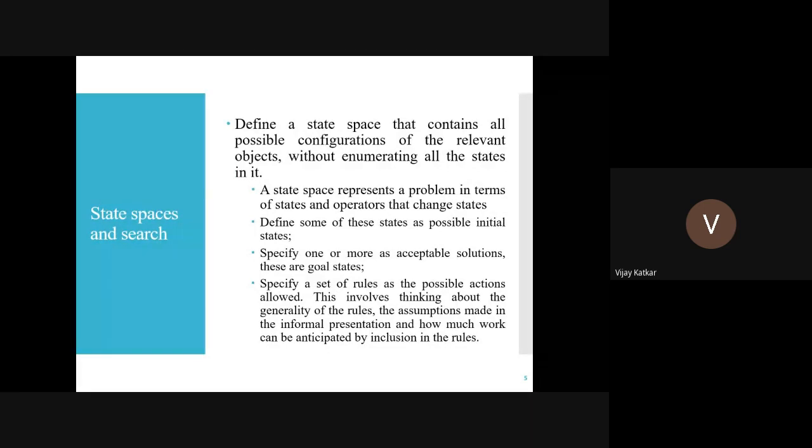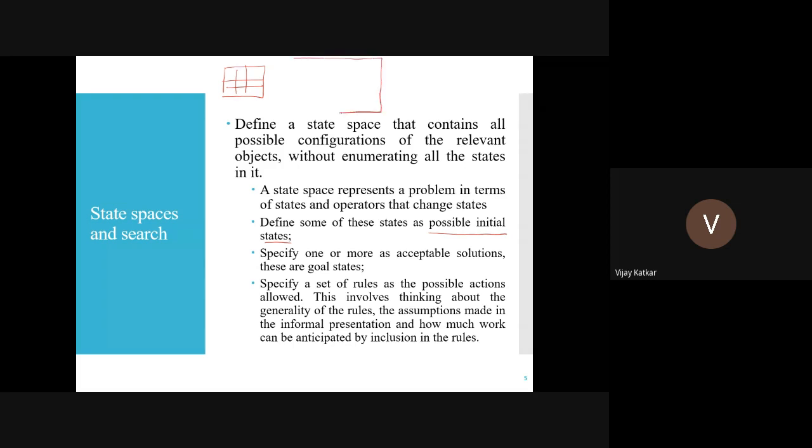So, define a state space that combines all possible configurations. What it says is, you need to define some initial state. That is the most important thing: from where a game or a problem will start. For example, for tic-tac-toe, the initial state is everything blank. If you are playing chess, what will the initial state be?